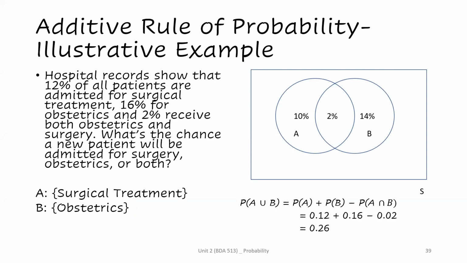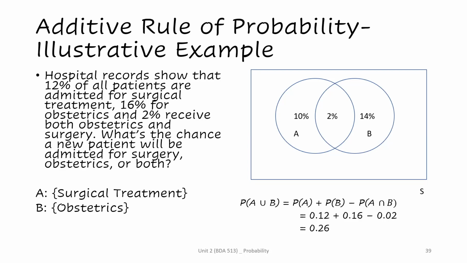So if you want to work out the probability of A union B, normally when you see two sets and "or both", then it's talking about the union. Here we define one event, surgical treatment, as A, and B will be for obstetrics. So we draw a Venn diagram like this.